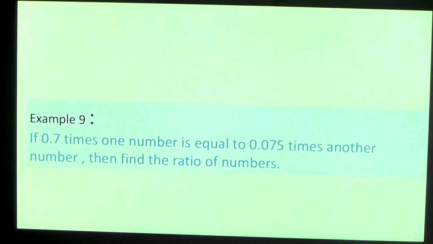If 0.7 times one number is equal to 0.075 times the another number, then find the ratio of the numbers.